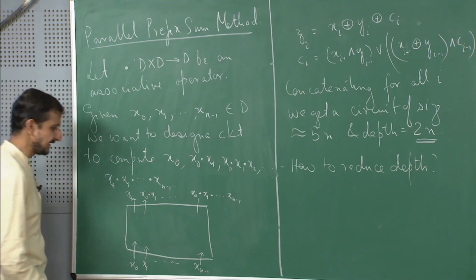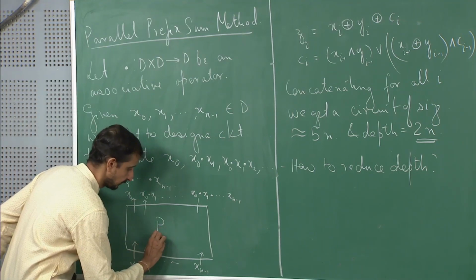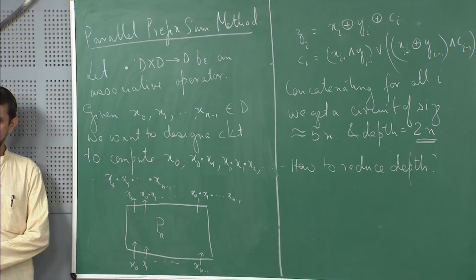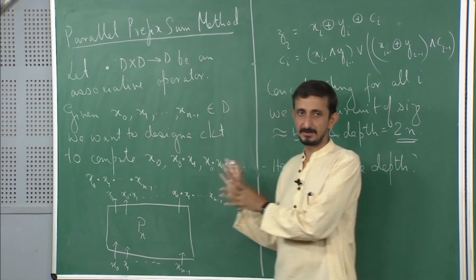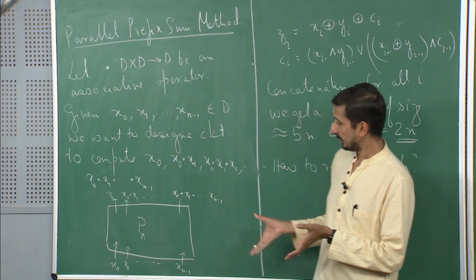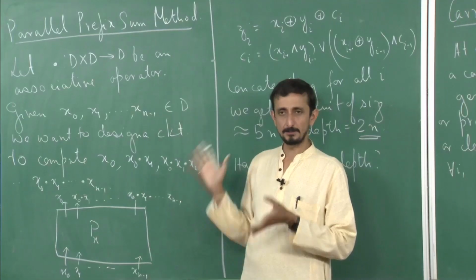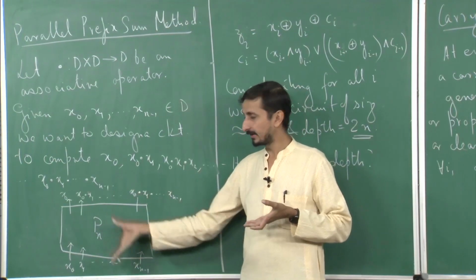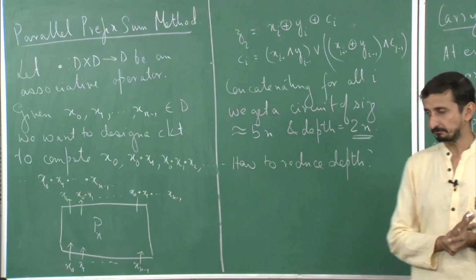Let us give a name to this circuit. We will do this in a recursive manner. With n inputs, let us call the circuit which does this Pn. So, this is just an abstract problem, we are not directly looking at addition right now, but for an associative function over some domain, we want to see if we can build a circuit which computes this for us. This is our problem.